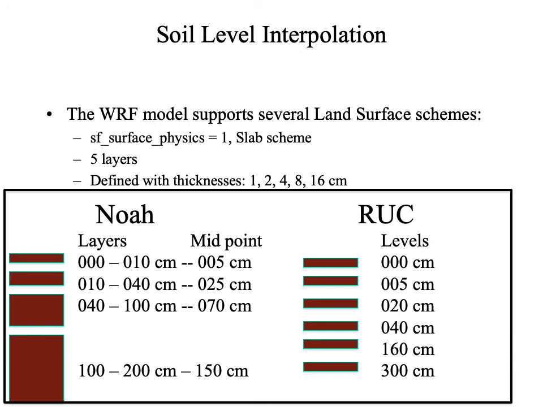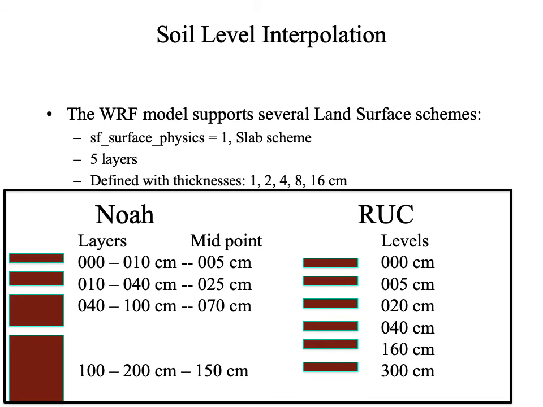An easy example is for soil level interpolation. On the left-hand side at the bottom and on the right-hand side at the bottom, we have the two traditional input fields that are available from the U.S. Weather Service when we're picking up soil level data from the NOAA scheme and from the RUC scheme.